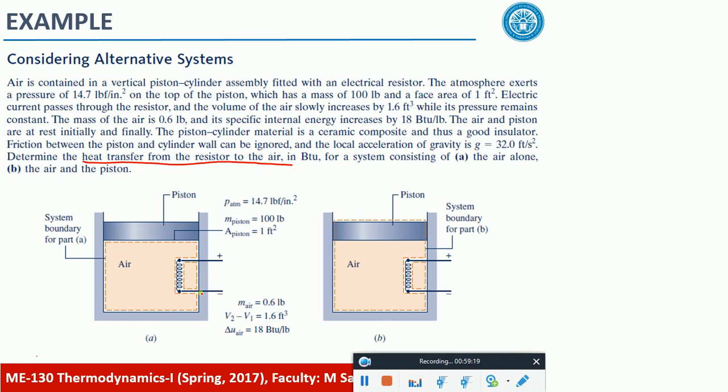Just see, this is the air and you can see that control surface. Can you see it? Now if you try to understand air as a system, can you measure its kinetic energy or potential energy?